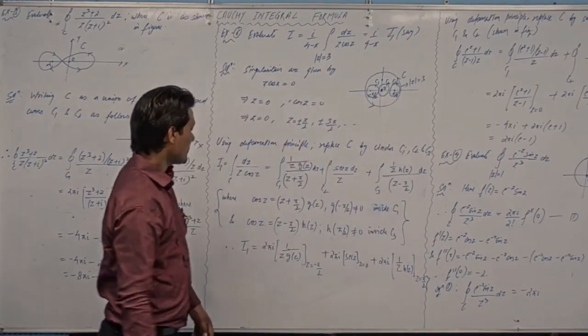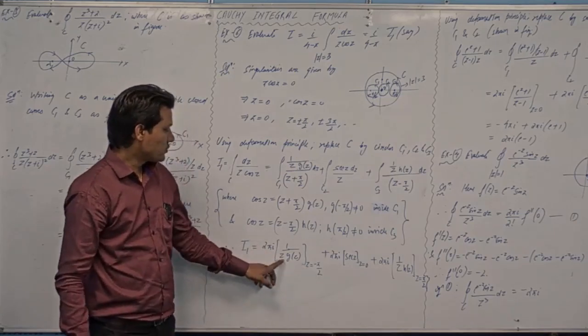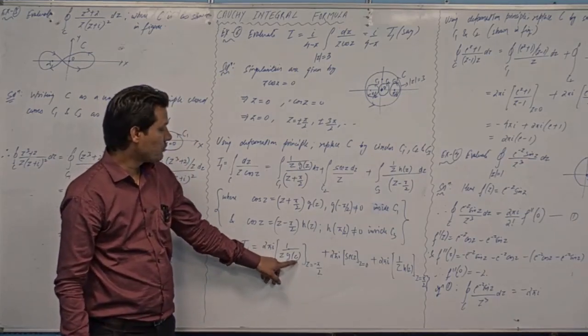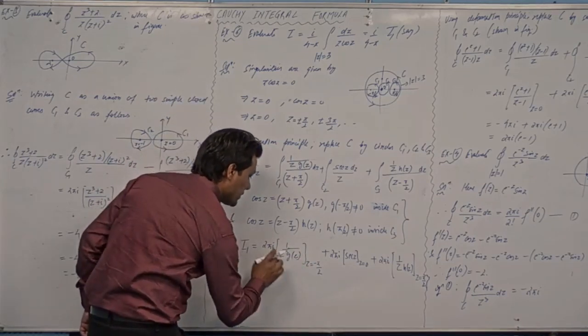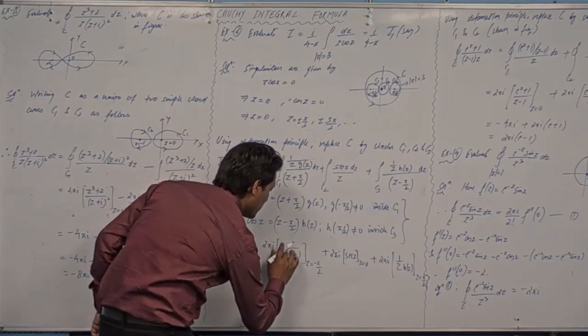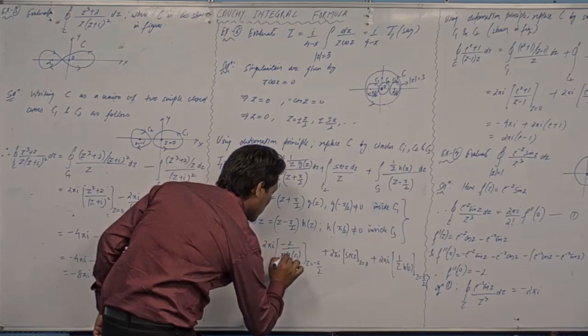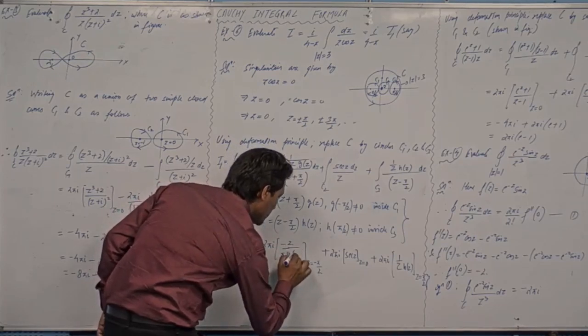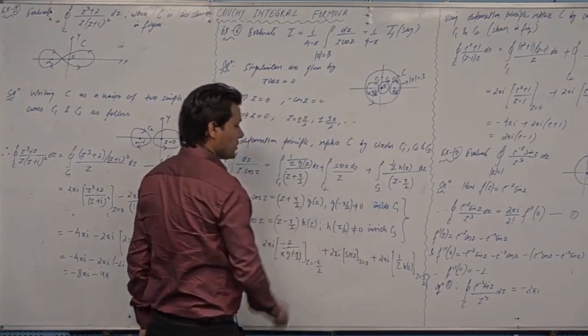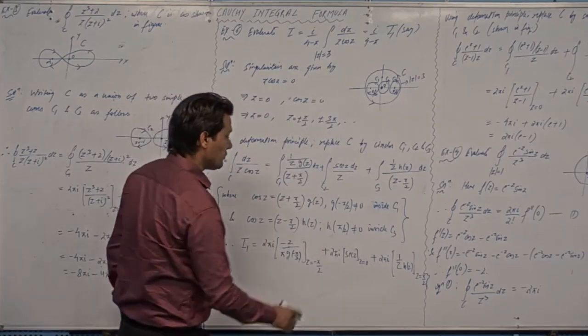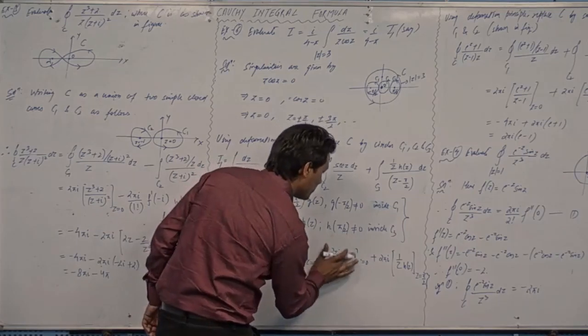right? And you can plug z equal to minus pi by 2 here, and this will be g of minus pi by 2. I am doing the same step here. Z equal to minus pi by 2 here will produce minus 2 by pi, and inside I will have g at minus pi by 2. And similarly for this one, sec 0 is equal to 1, that will produce 1.